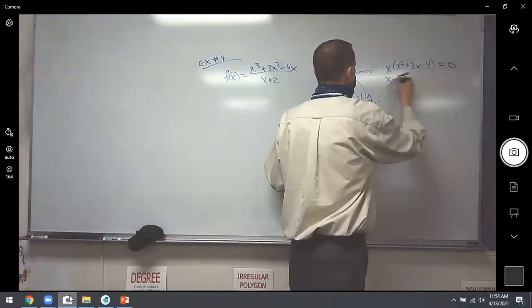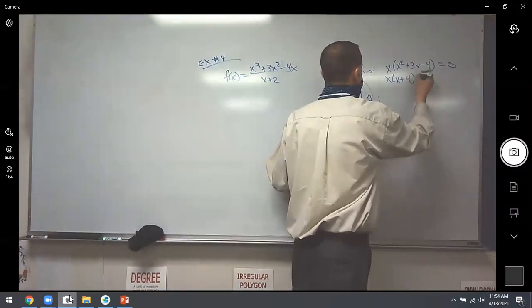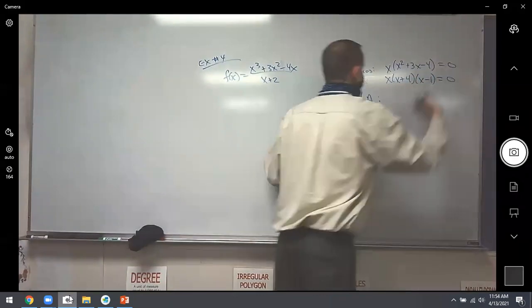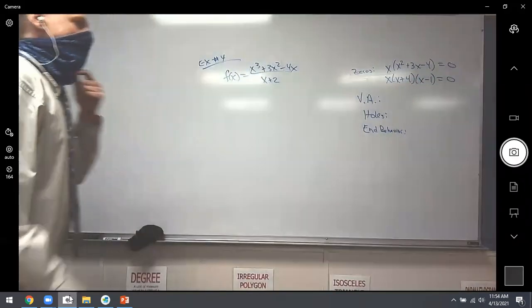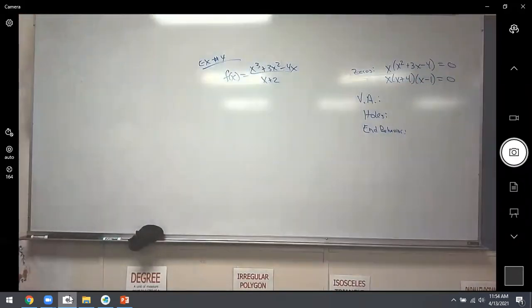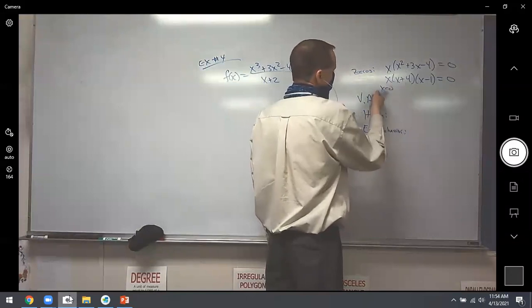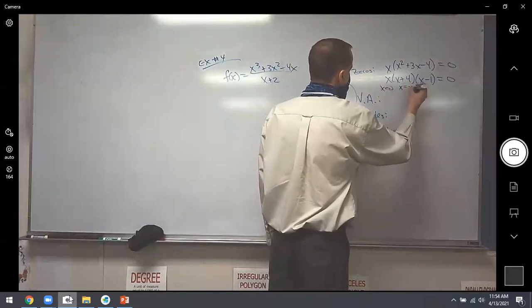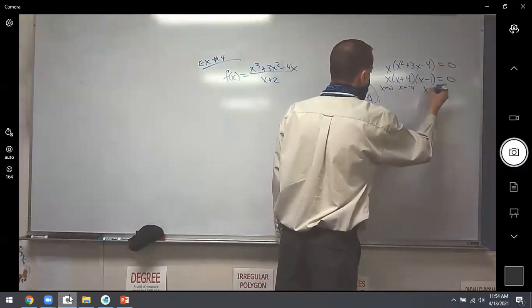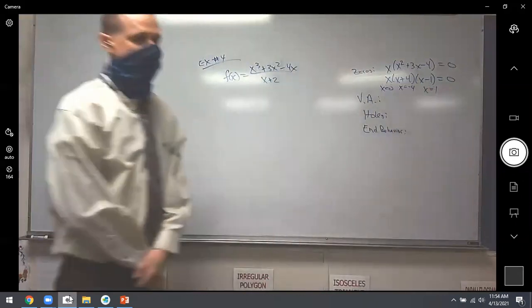You can factor this quadratic into an x plus 4 and an x minus 1. So this cubic on top, third degree, has 3 zeros. The things that make it 0 are 0 from the x, -4 from the x plus 4, and 1 from the x minus 1.